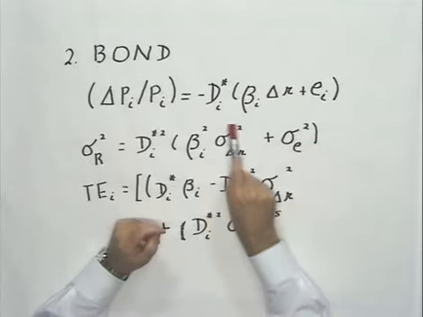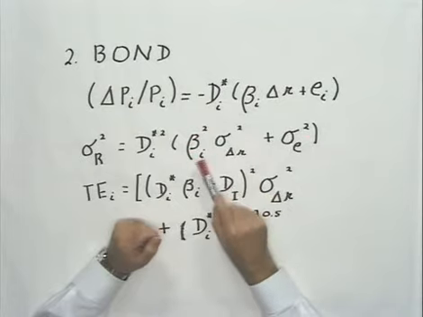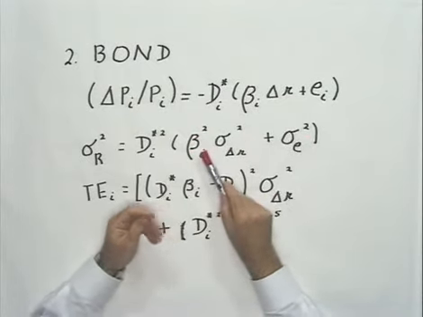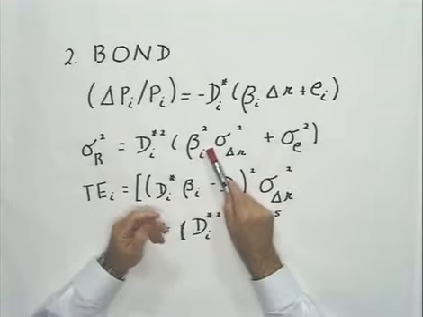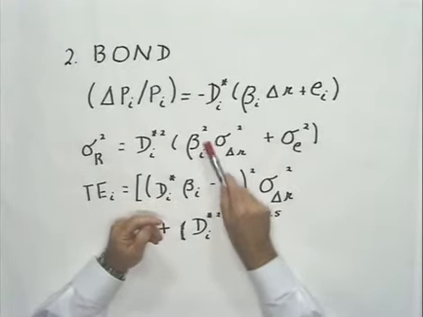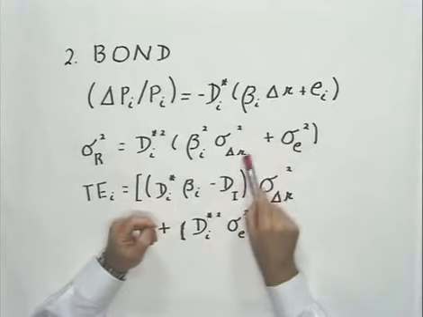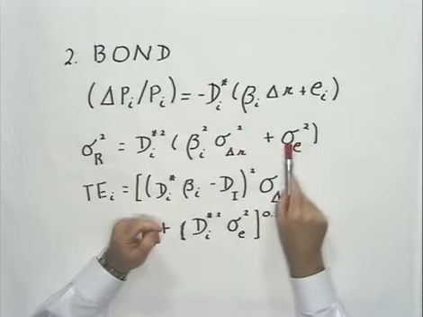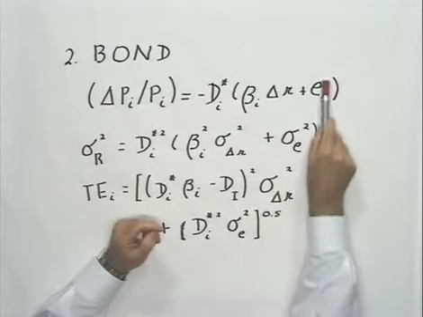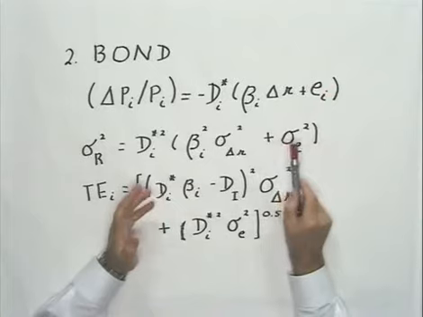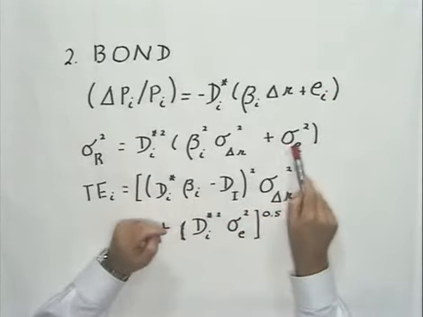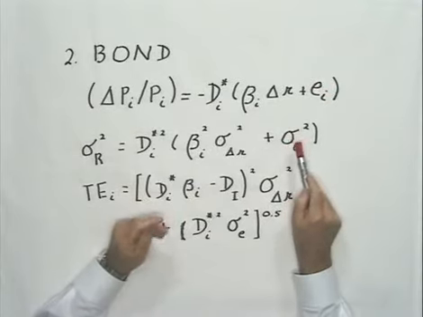Just like in the stock case, the systematic part is the beta, the sensitivity to yield changes, squared times the variance of changes in yields. Then the second term comes from the non-systematic part of the factor model. Again, it's the variance of the error terms.